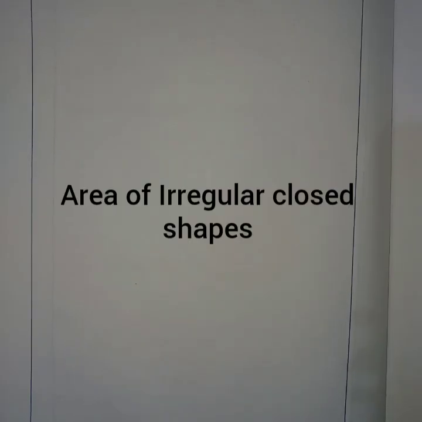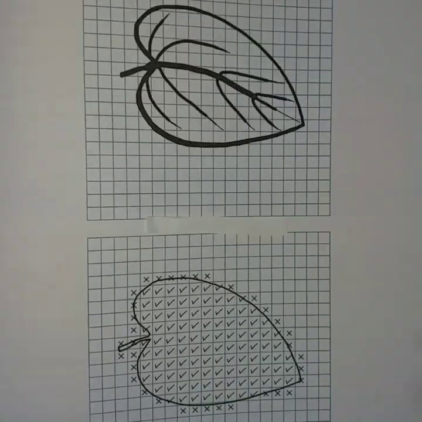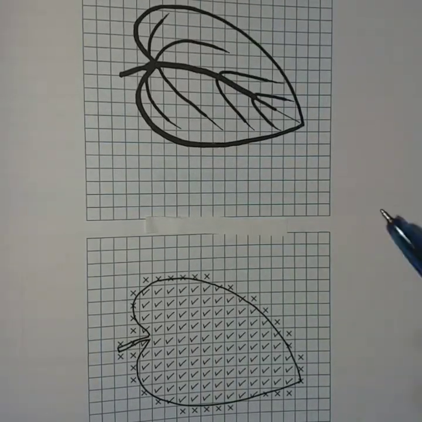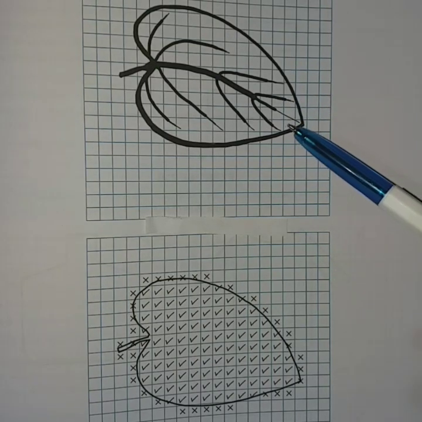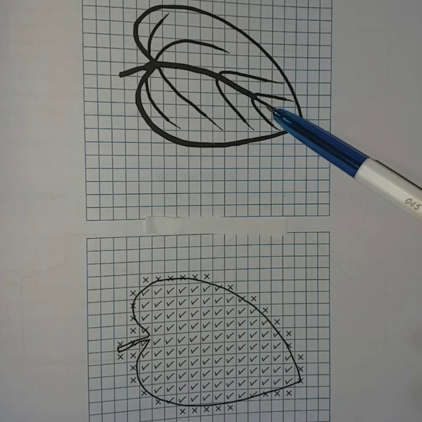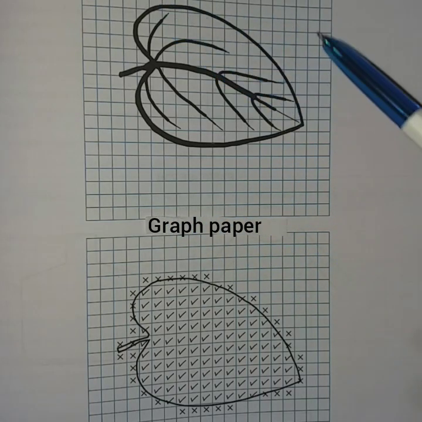Now, to measure the approximate area of an irregular closed surface, here we will find the area of a leaf. The steps to find the area of a leaf: first, you have to place the leaf on this square grid paper, that is, a graph paper.